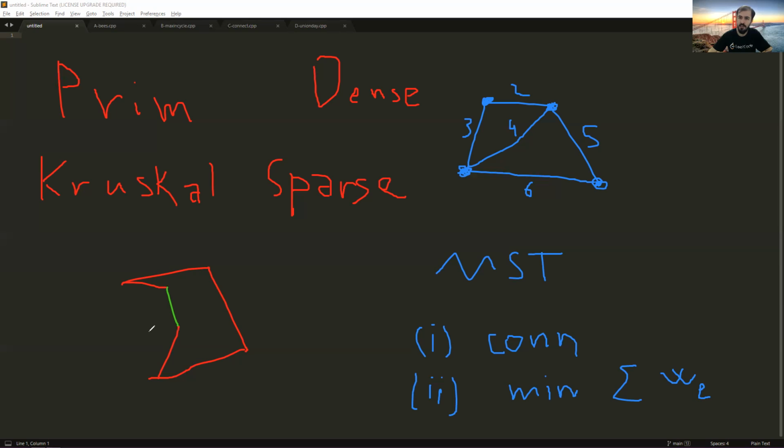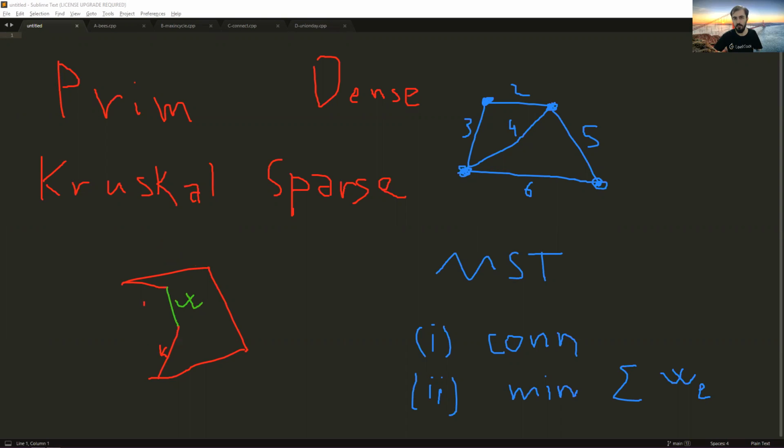But what are the implications? What does it mean that all these edges were already added? Well, it means that we have some edge weights, W1, W2, W3, etc., WK, right? And we also have this edge's weight W. I accidentally wrote omega all the time, I apologize.